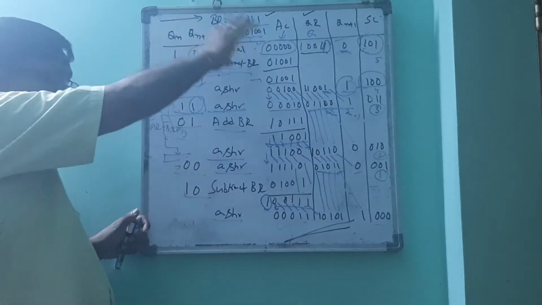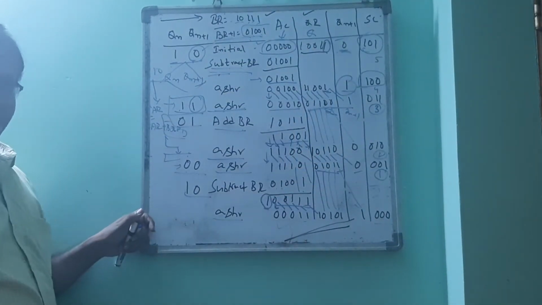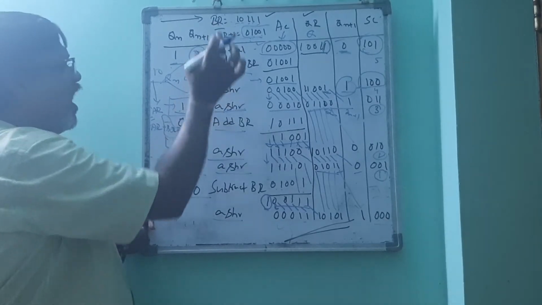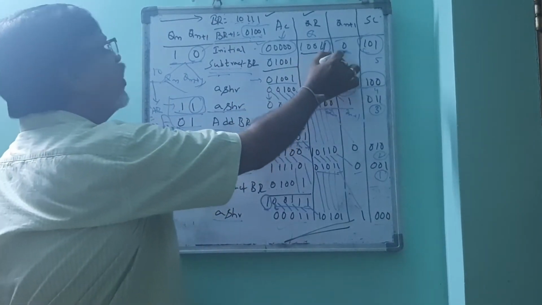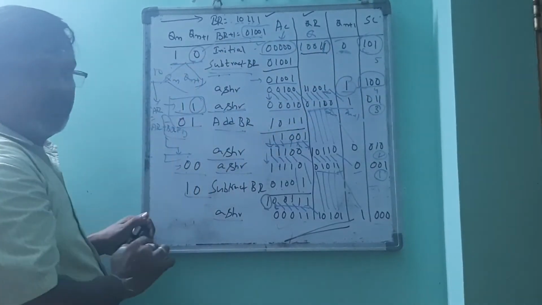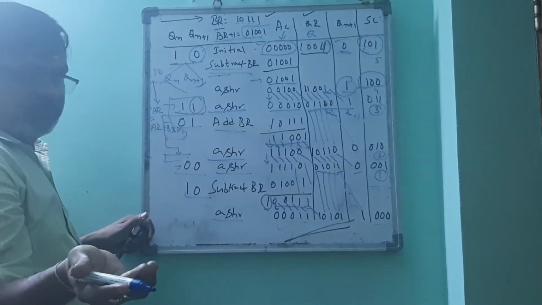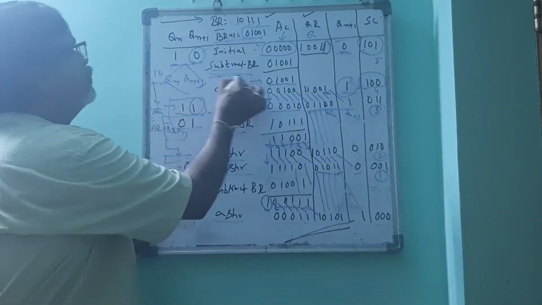This procedure can be repeated till the sequence counter value becomes 0, and always, to perform either subtraction, addition, or simply shifting right, we check the value of Qn plus 1 and Qn. If the values are not equal, meaning not both zeros or both ones, then if it is 1 0, simply subtract.